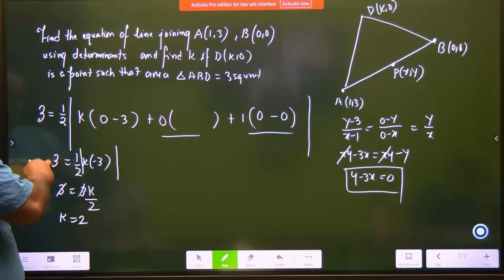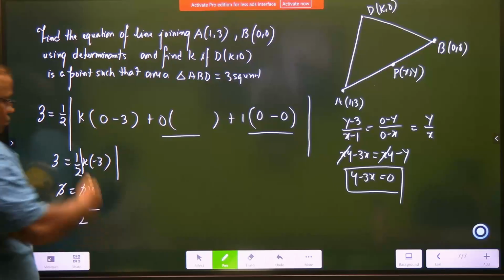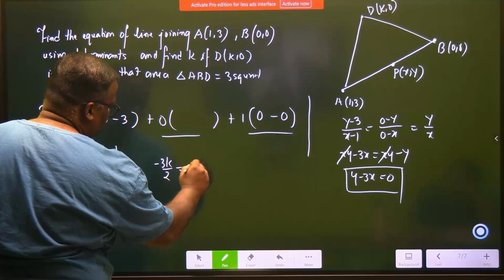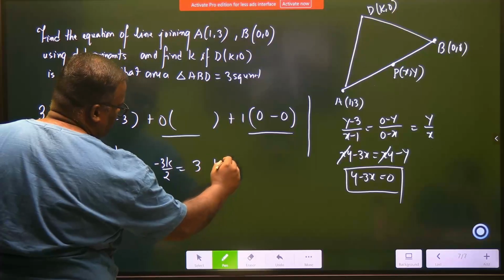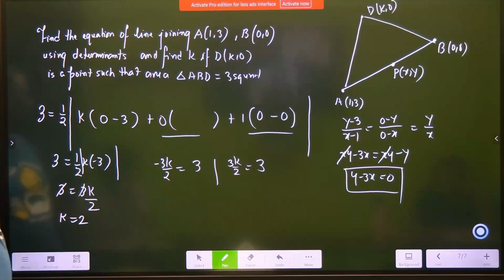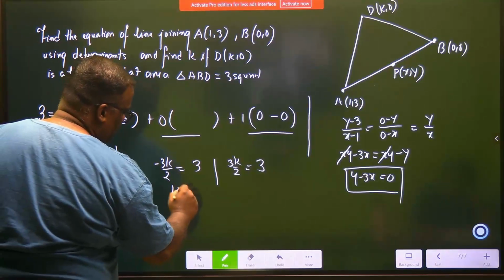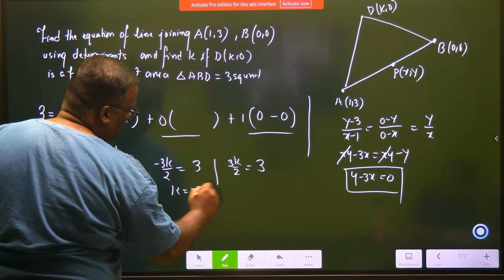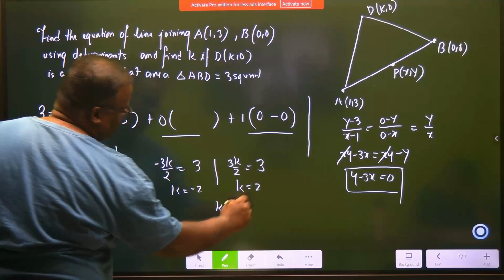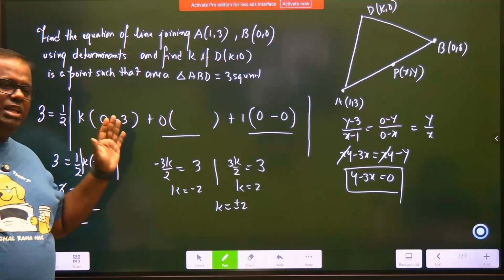So this thing could have been a plus value, this thing could have been a minus value. So from here you get negative 3K by 2 is also equal to 3, and positive 3K by 2 is also equal to 3, because it's modulus. If you solve this, you get K is equal to negative 2. If you solve this, you get K equal to 2. So you write K equal to plus minus 2. Fine. So do these two, very easy.